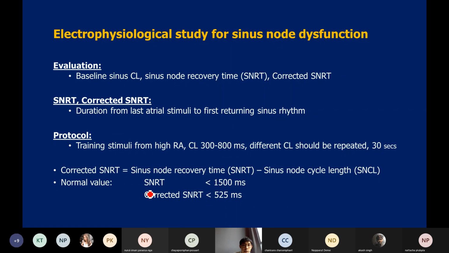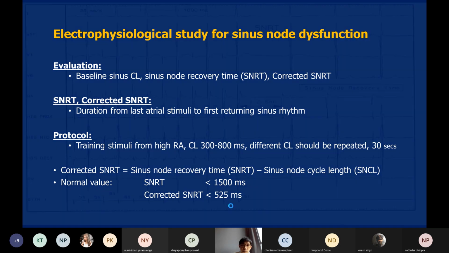The normal value of sinus node recovery time is less than 1,500 milliseconds. We use the corrected sinus node recovery time because it gives a more accurate evaluation. It is the sinus node recovery time minus the sinus node cycle length. The corrected sinus node recovery time is less than 525 milliseconds.